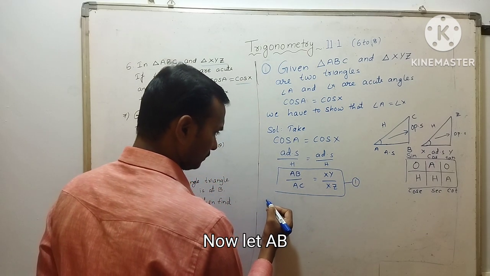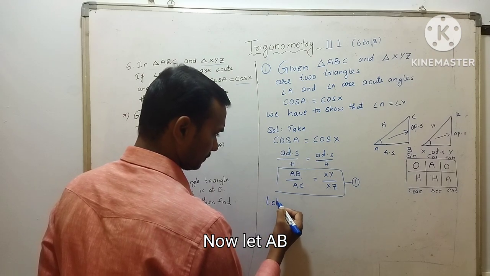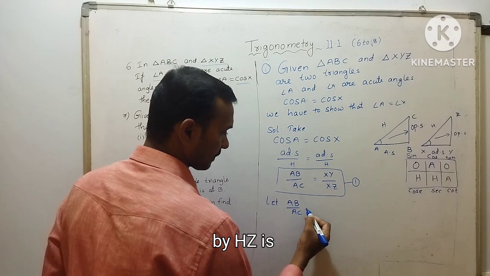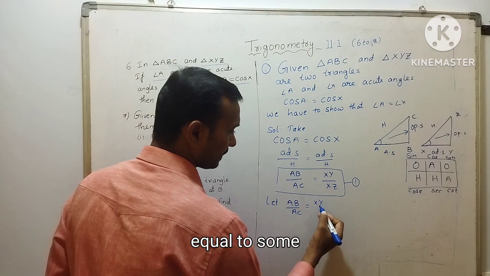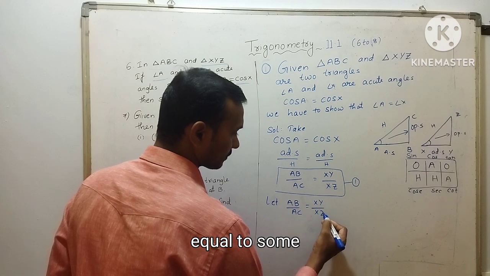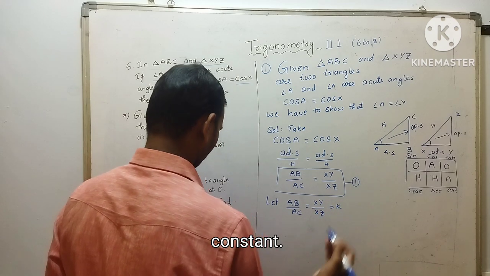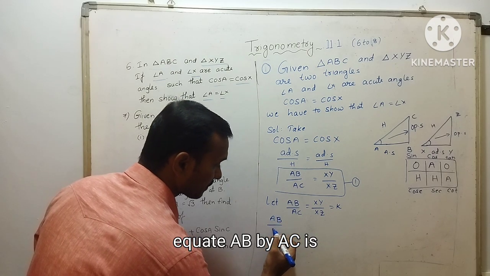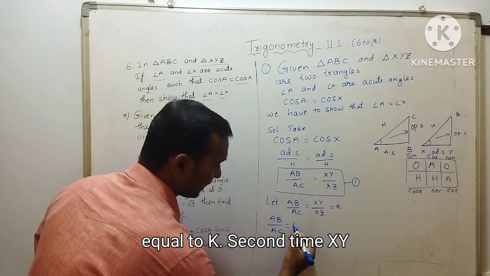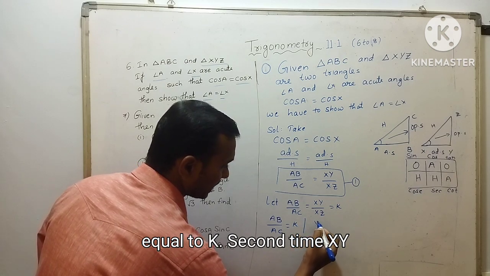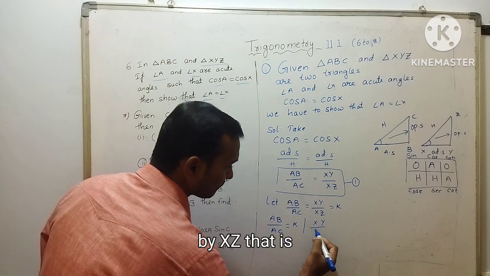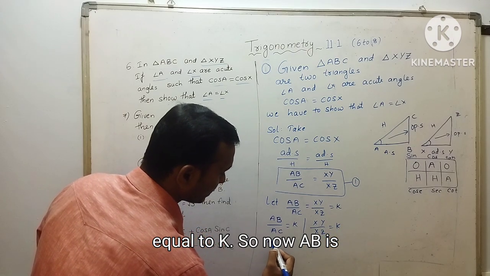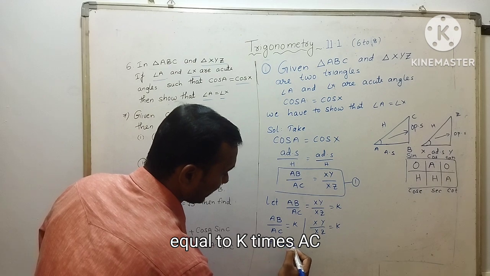Now, let AB by AC, XY by XZ be equal to some constant. So first equate AB by AC is equal to K. Second, XY by XZ is equal to K. So now AB is equal to K times AC.